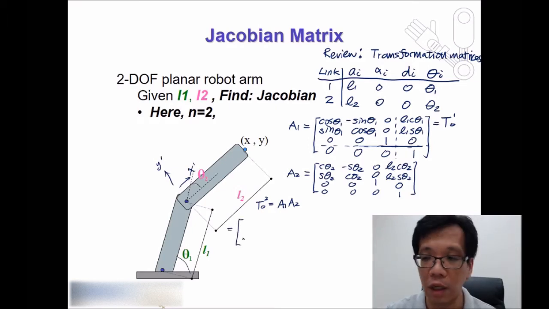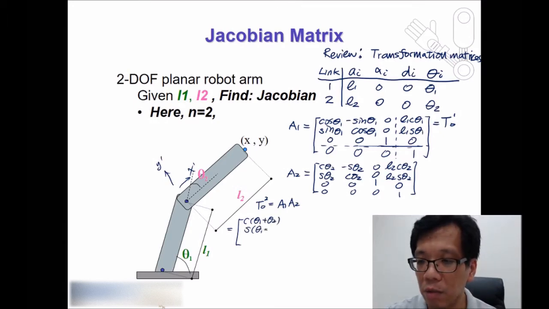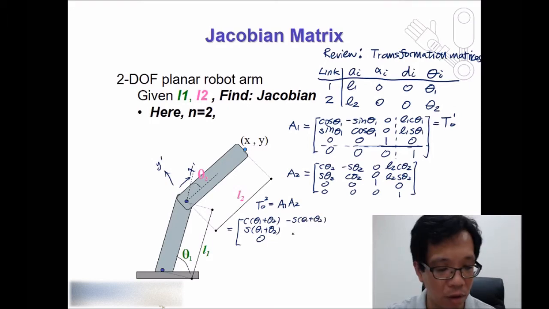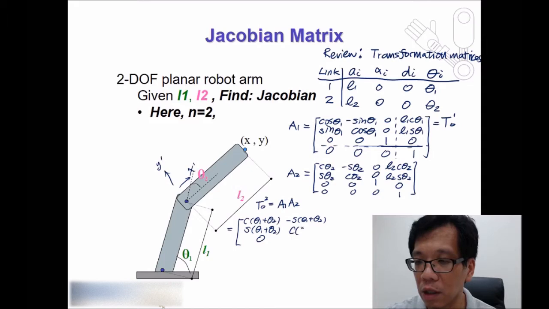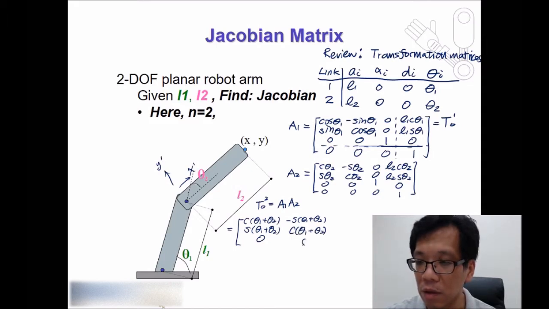If you multiply those two matrices together, you are going to have cosine theta 1 plus theta 2, sine theta 1 plus theta 2, 0. The second column is negative sine theta 1 plus theta 2, cosine theta 1 plus theta 2, 0, and 0, 0, 1.